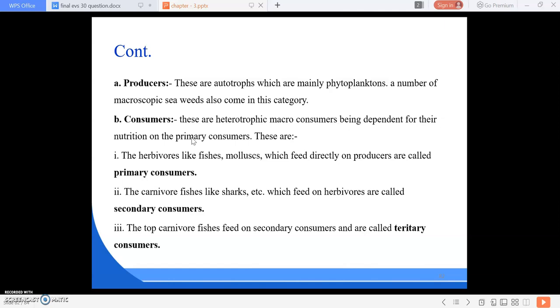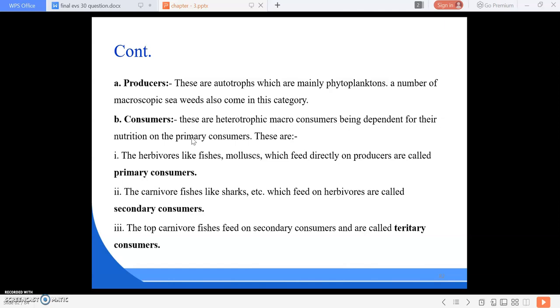Then we studied the structure of an ecosystem, and there are mainly two types: the biotic structure and the abiotic structure. And then we also studied the categorical division of the biotic structure, that is producers, consumers and decomposers. And again, consumers are subdivided into primary consumers, secondary consumers, tertiary consumers, and the detritivores or the omnivores.